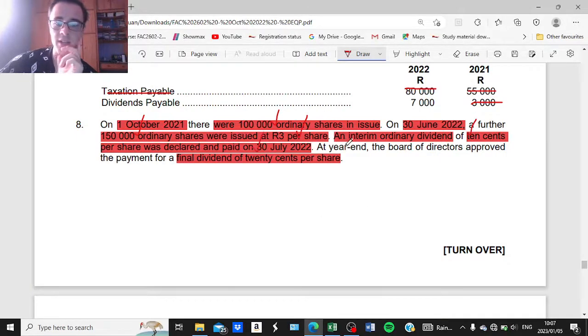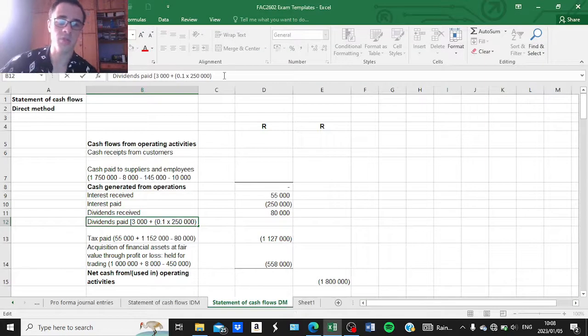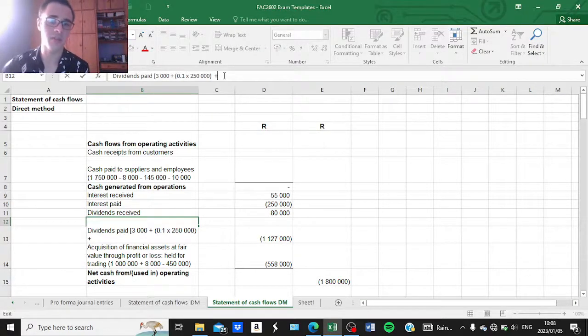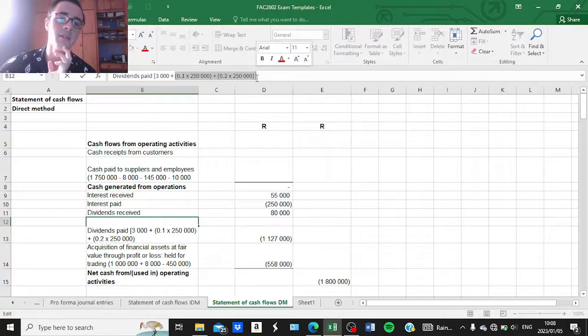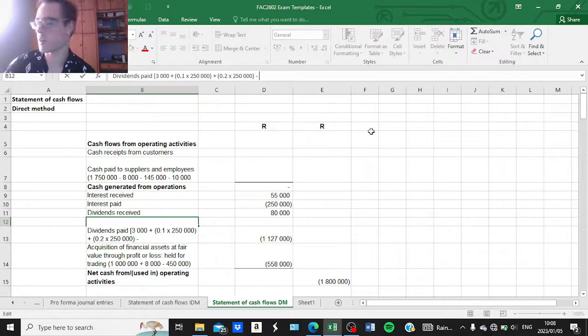It was also paid during the year, and at year end, the board of directors approved the payment for a final dividend of 20 cents per share. So this was the interim dividend, and we also have a final dividend of 20 cents per share. These two amounts will give you the total dividends declared for the current year. And finally, we will subtract the closing balance of dividends payable of 7,000.